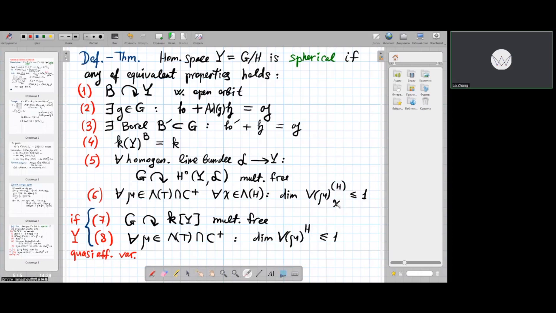Exactly, this is already about the proof. So we consider the space of sections of a line bundle L induced from the character chi. This is a line bundle over G mod H, induced from the character chi in this sixth condition.